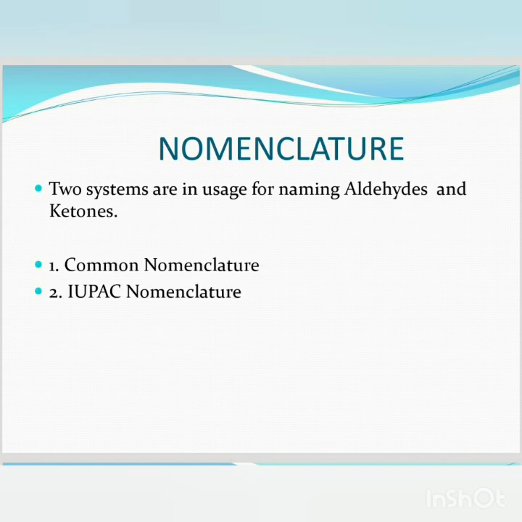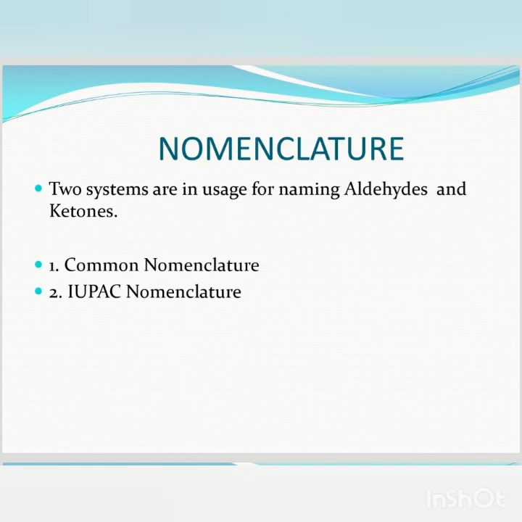And the third one is the secondary suffix, which tells about the functional group of the compound, right? So in carbonyl IUPAC nomenclature, the name of the compound contains word root plus primary suffix plus secondary suffix.